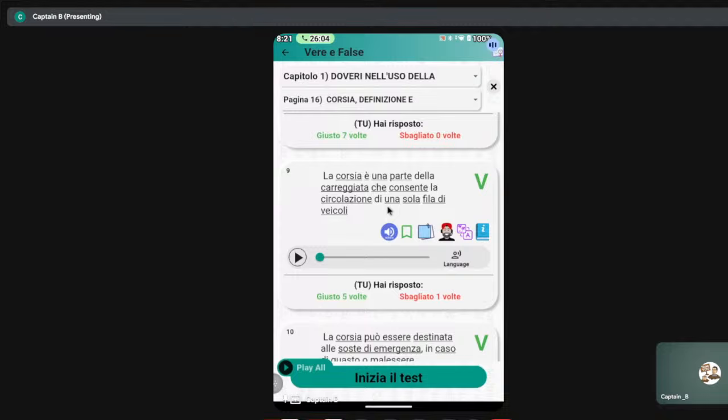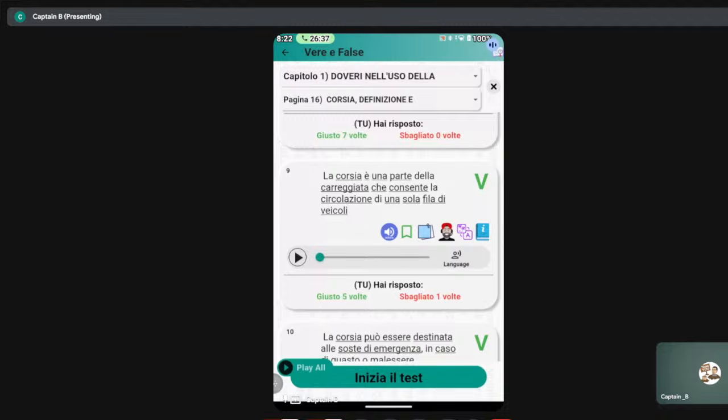Now, if they tell you that lane is part of the carriageway that allows the circulation of two vehicles, you have to start thinking. Lane is not talking about a carreggiata, it's talking about corsia. Can two vehicles circulate in corsia? No. Two vehicles cannot circulate in corsia. It's only one vehicle that can circulate in corsia, which is one lane.